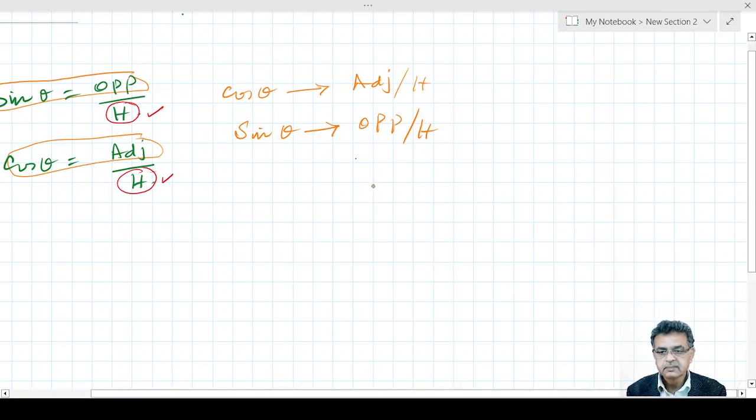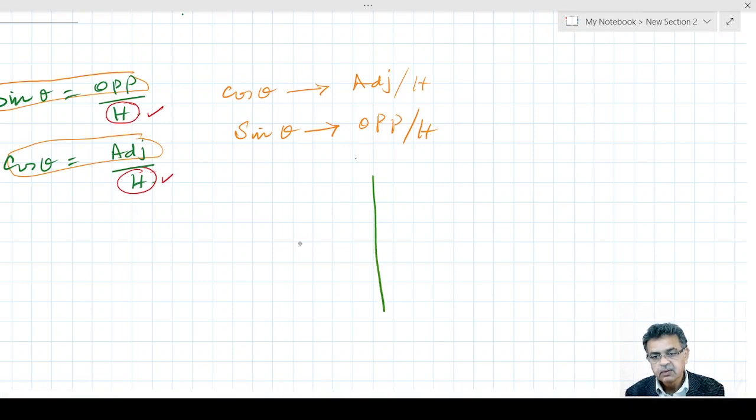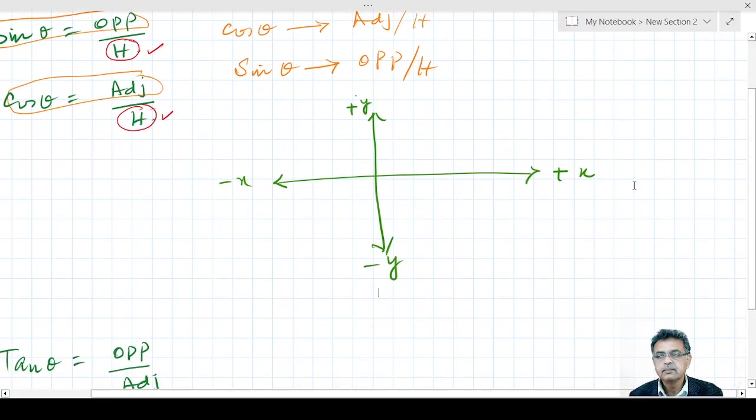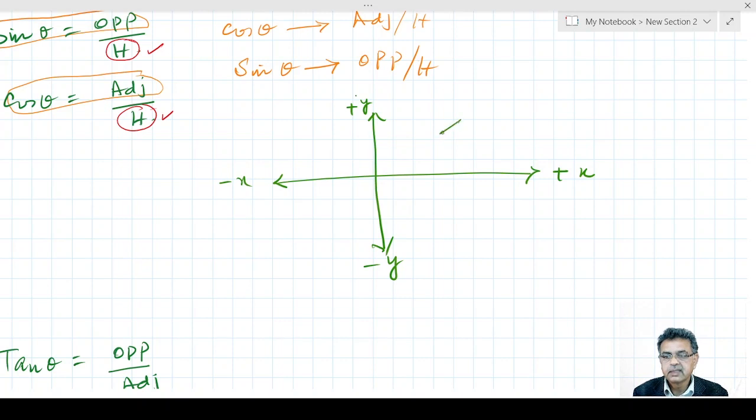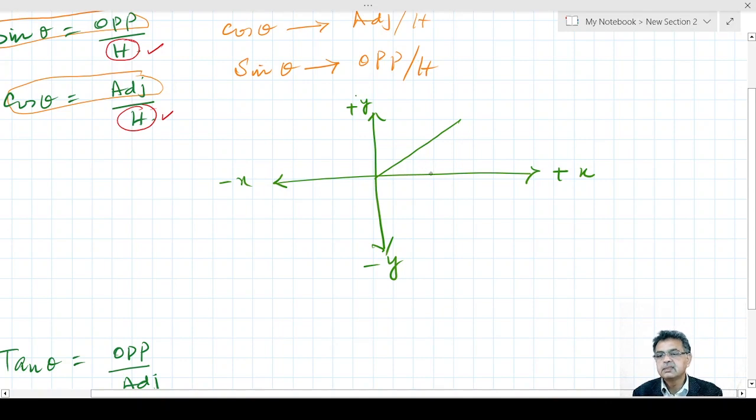Here this is positive x-axis, this is positive y, this is negative x, and this is negative y. Regarding general angles, whether positive angle, negative angle, reference angle or basic angle, whatever type of angle we consider is always with the x-axis.